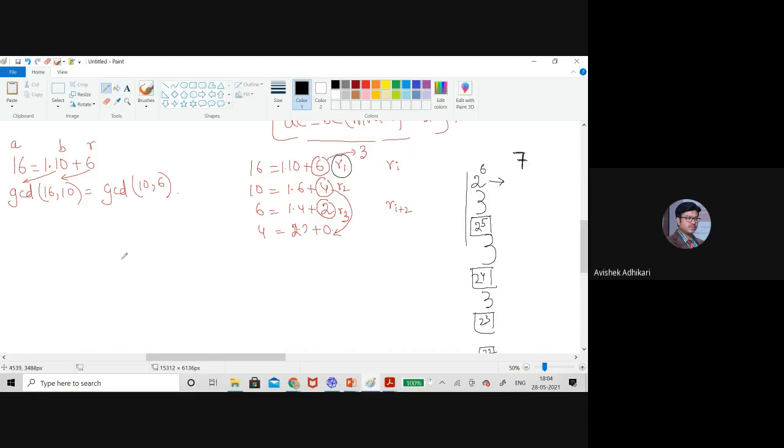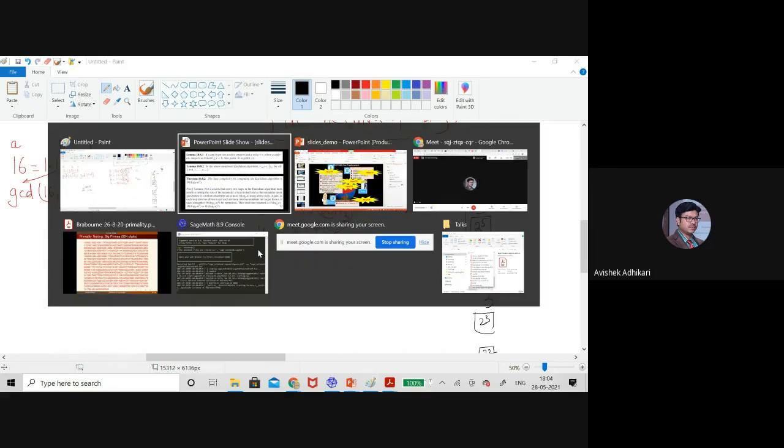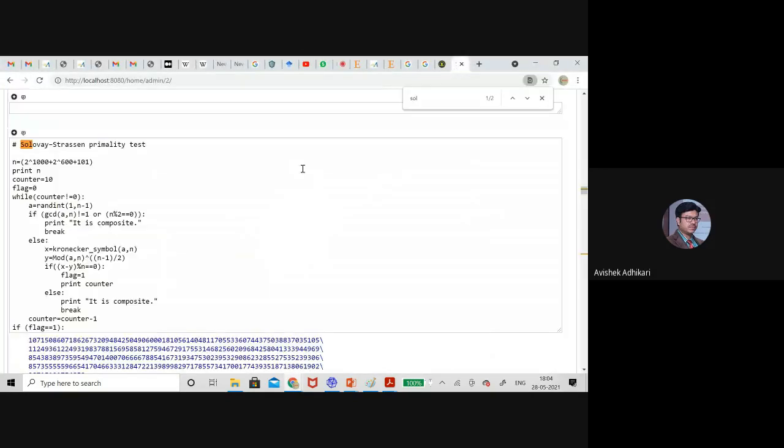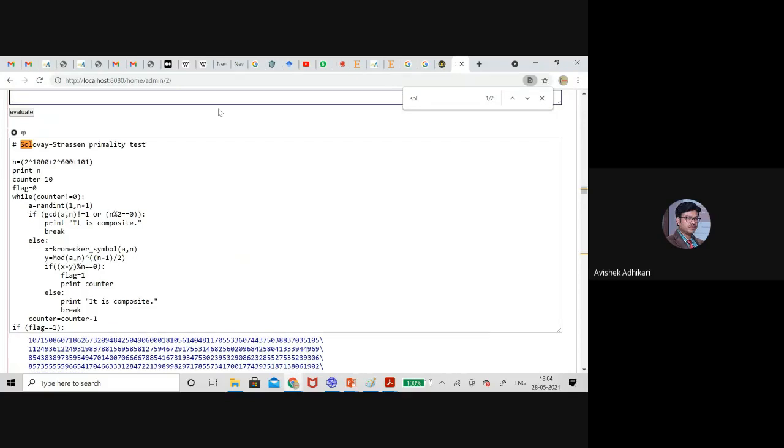For example, if you start with say 2 to the power 1000, then you can understand 2 to the power 1000 is a huge number. So you can check how much is 2 to the power 1000. So maybe you can put it here, 2 to the power 1000.